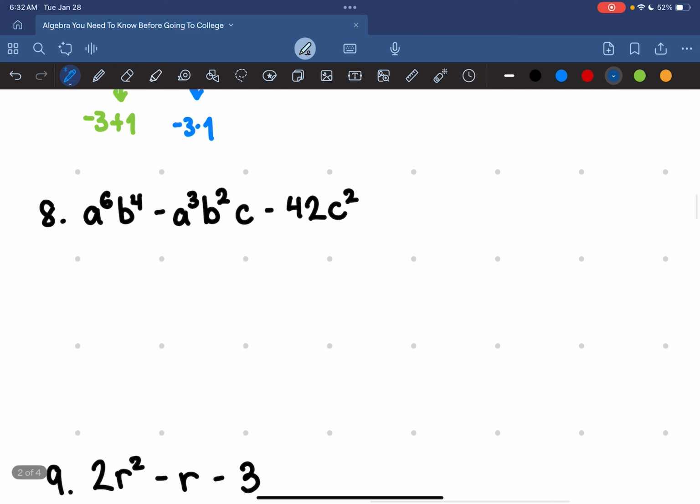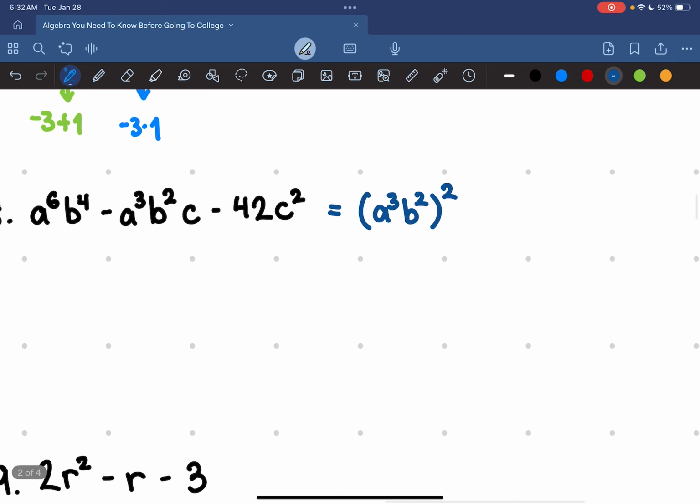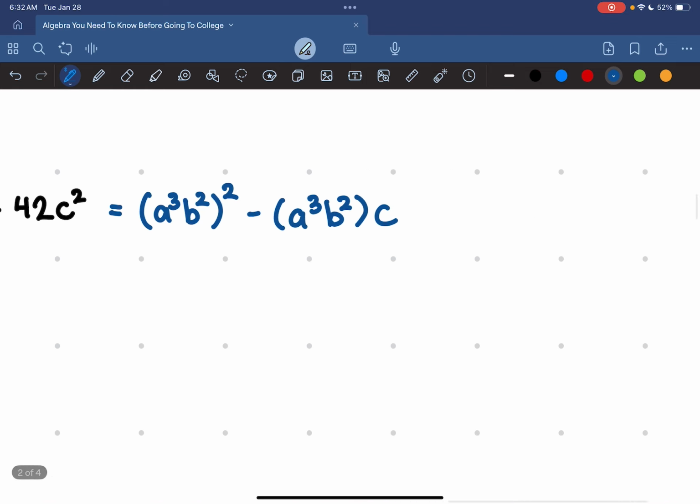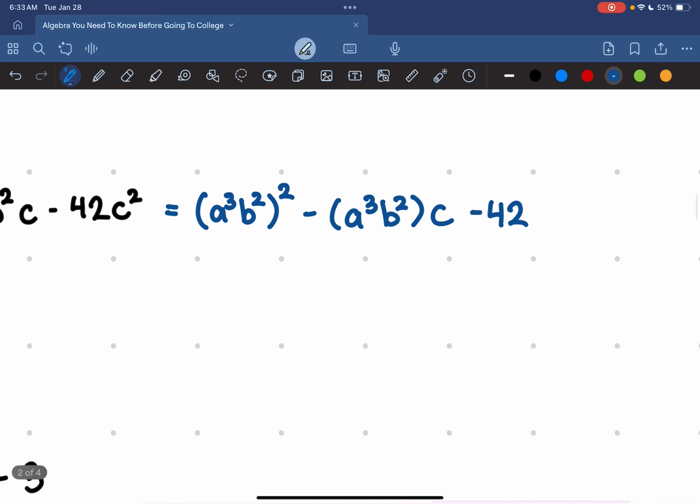Just observe that this is actually equal to a cubed b squared minus a cubed b squared c minus 42 c squared. Again, you can view this as one variable, just like that one.